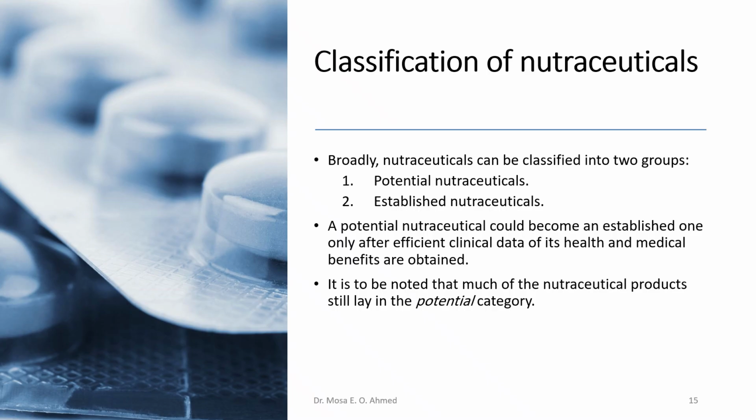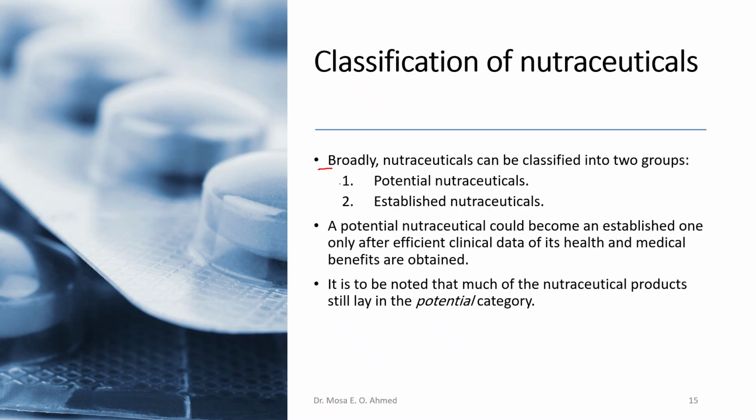Based on the availability of clinical data for the health benefit of nutraceuticals, broadly, nutraceuticals can be classified into two main groups.